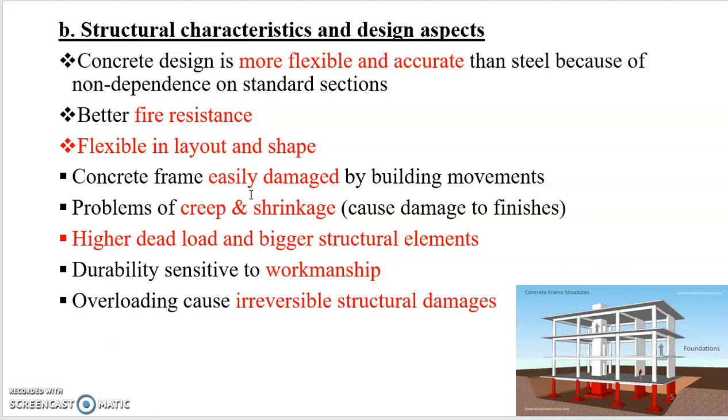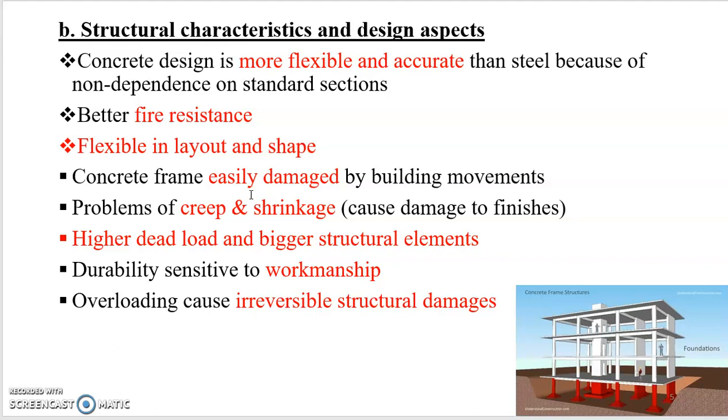So first one is concrete frame easily damaged by building movements, mainly by earthquake movements and by wind loads, etc. And sometimes problems of creep and shrinkage are readily causing damage to these frame structures.